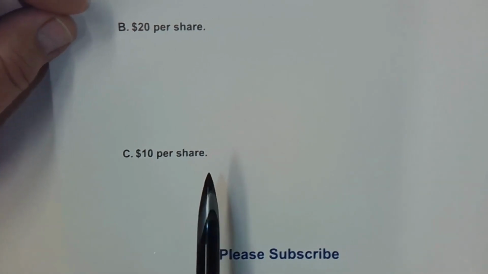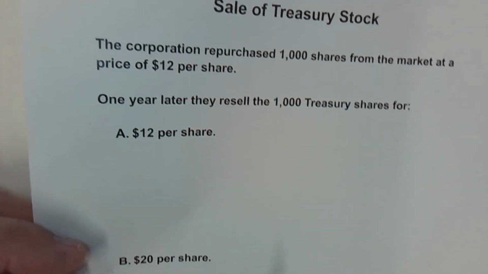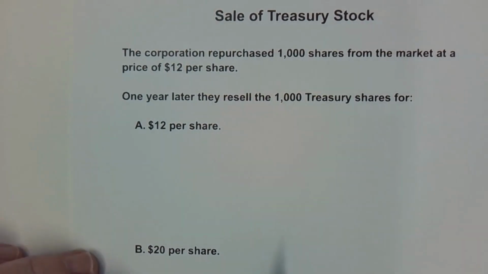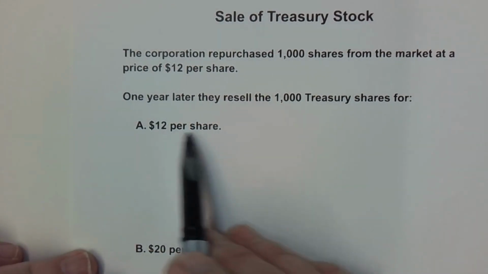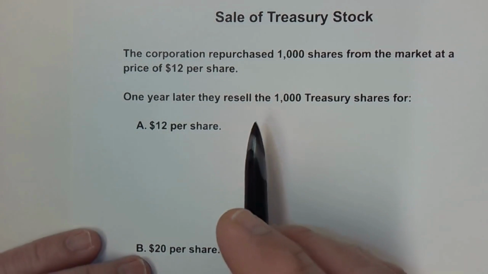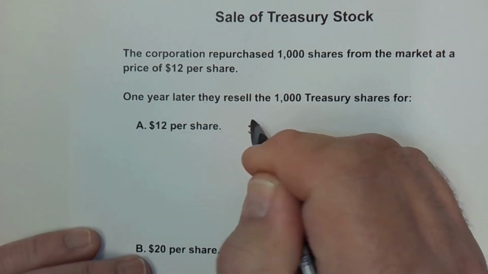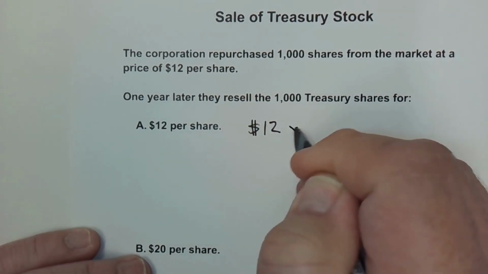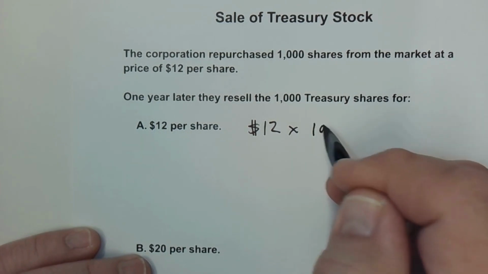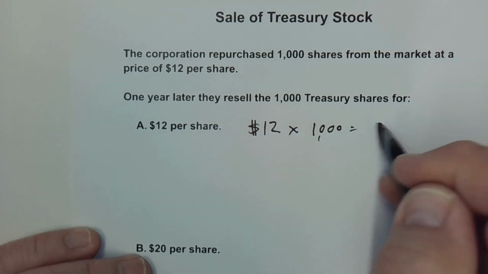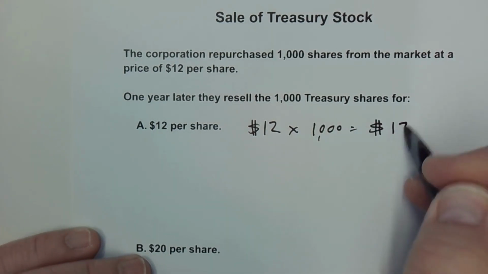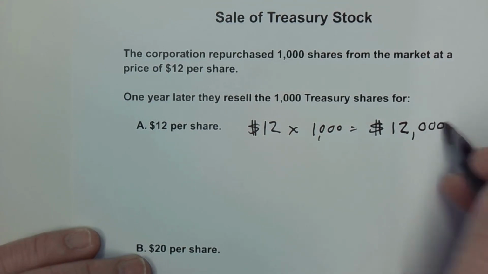So let's dig into these. All right, in the first one, if we are selling it for $12 per share, that means we're going to receive $12 times, and we're selling 1,000 of these treasury shares. So that means cash-wise, we're going to receive $12,000.